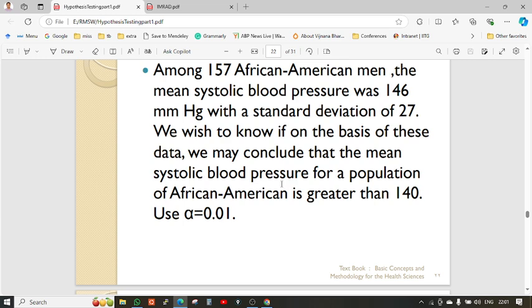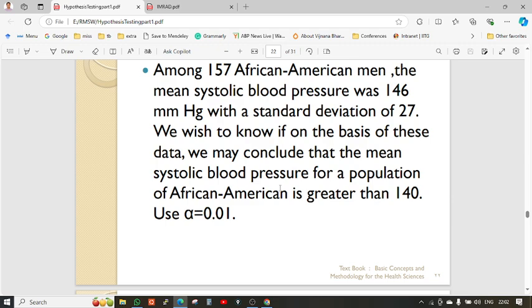Our hypothesis testing. So given blood pressure is 146, but it is greater than 140. So let's assume 140 is the standard, and 146 is greater than 140. So let's test whether it is a common statement for all, or either it is not acceptable or it can be rejected.